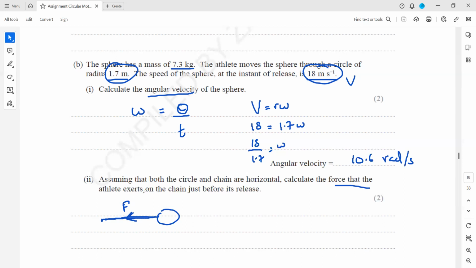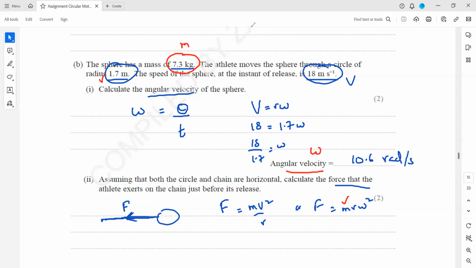When an object moves in a circular path, the force applied is equal to the centripetal force. Centripetal force has the formula F equals mv squared over r, or F equals m r omega squared. We have the mass given, the radius r is given, and we just calculated the angular velocity.